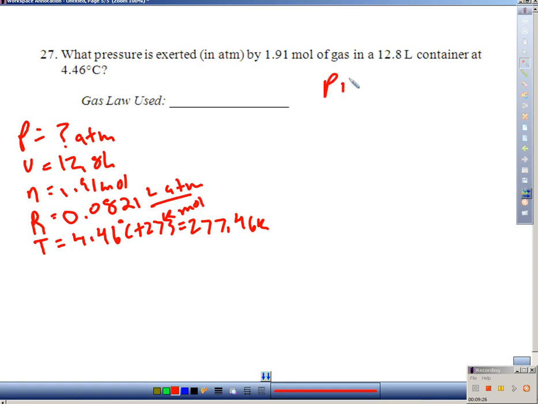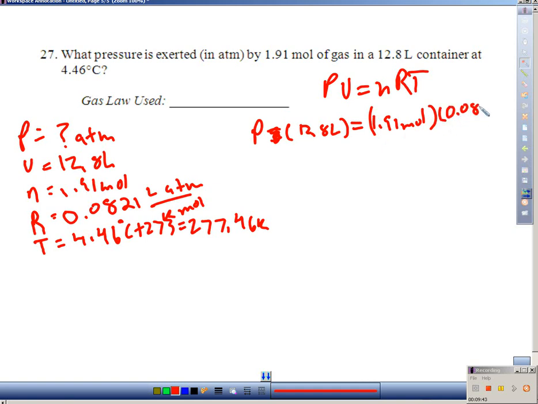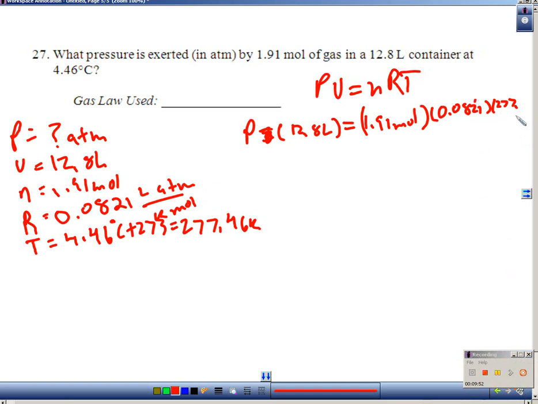So our formula is PV equals nRT. I plug it in. P times 12.8 liters equals 1.91 moles times 0.0821 times 277.46. I apologize about that part.